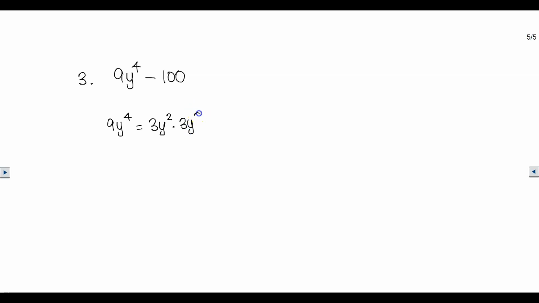So that's going to be 3y squared times 3y squared. And then for my 100, I can do 10 times 10. To be a perfect square, you have to be able to think of something that can be multiplied times itself to give that result.